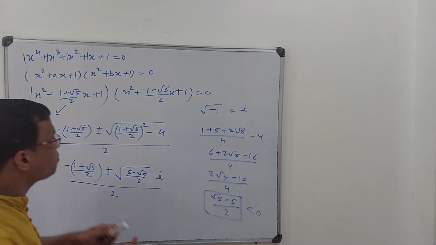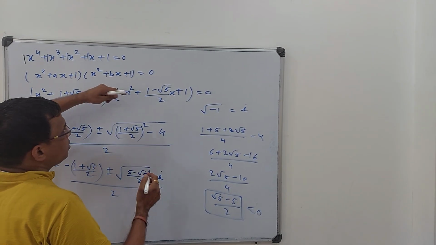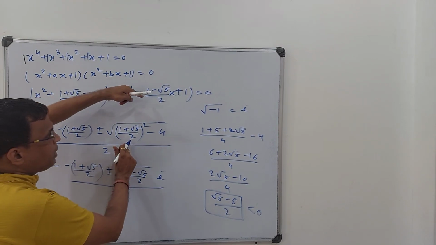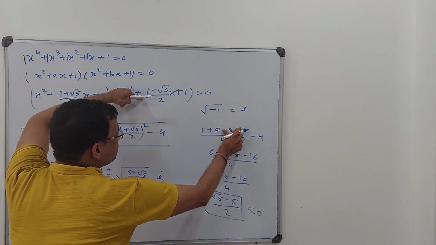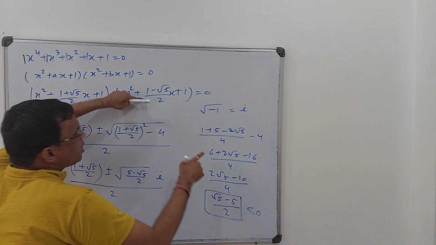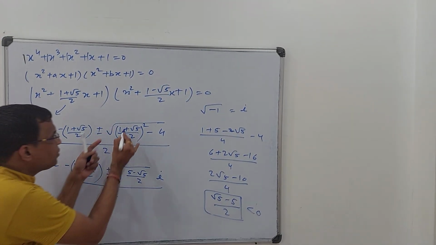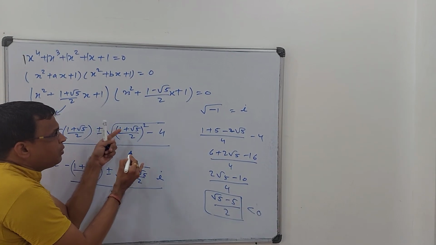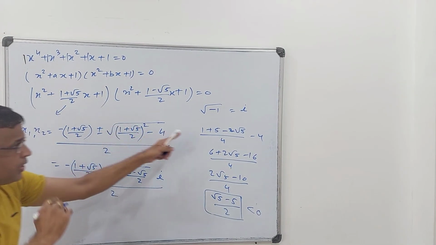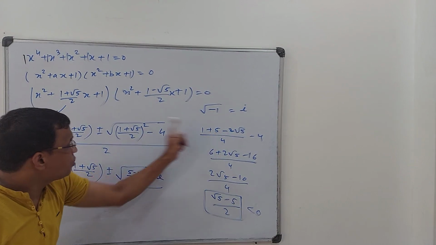So let me just solve that one also here. B square will be (1 minus root 5) whole square, so 1 plus 5 minus 2 root 5 upon 4, and then it is minus 4. See, in place of plus it was minus here. So the a minus b whole square identity says a square plus b square minus 2ab.